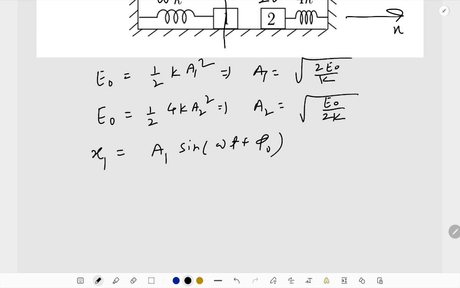I could write its displacement from equilibrium position as x1, so it can be written like this.